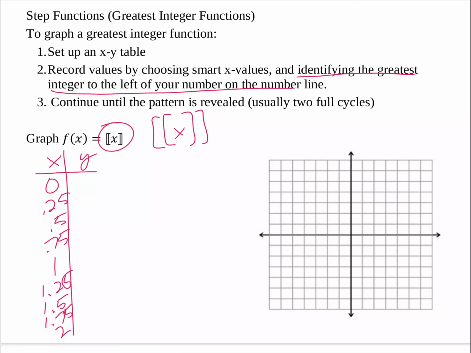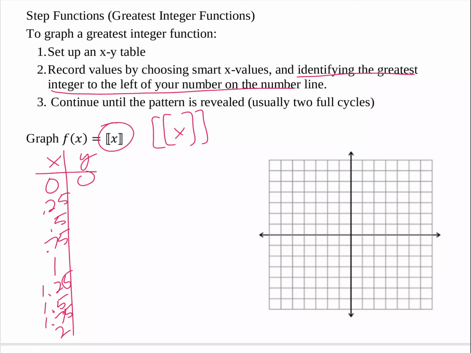Is 0 an integer? 0 is an integer. Yes, it is. Okay, so did I see it? Yeah. So the greatest integer is 0.